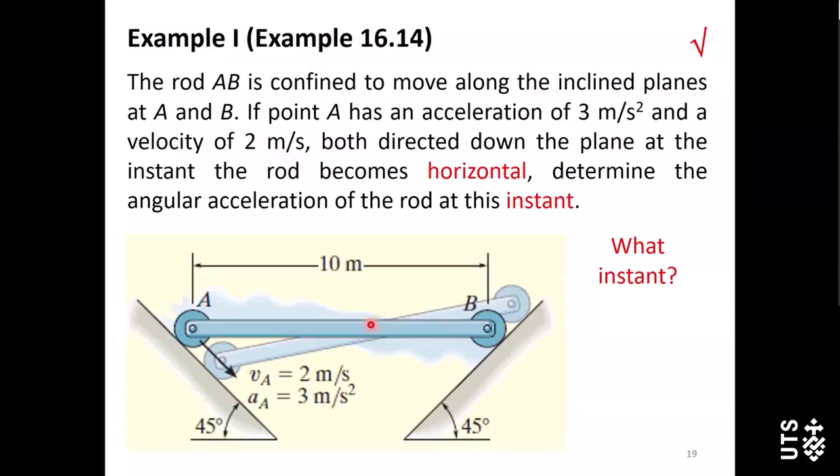AB is confined to move along the inclined planes at point A and point B. Here we already know that at point A there is an acceleration of 3 meters per second squared, and we also know the velocity at point A. The instant we are studying is when this rod AB is horizontal.